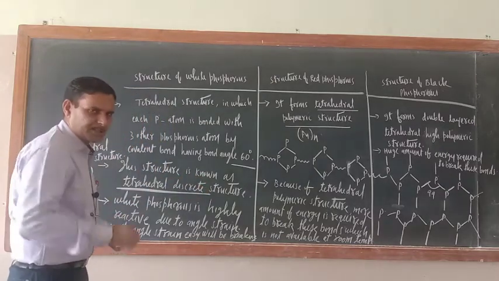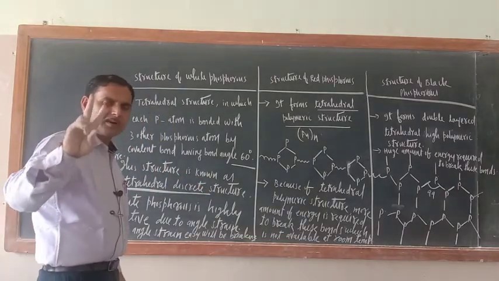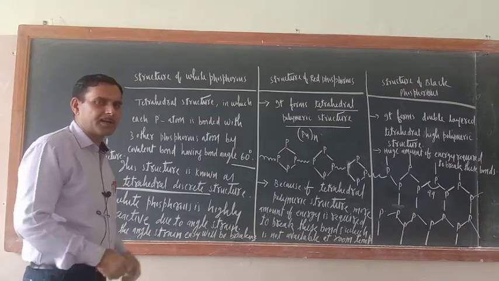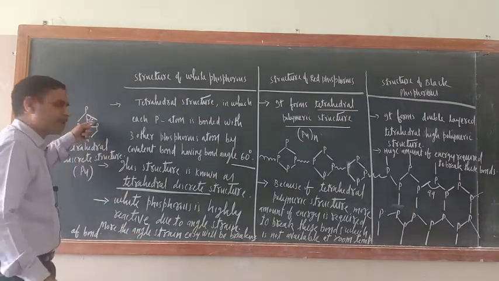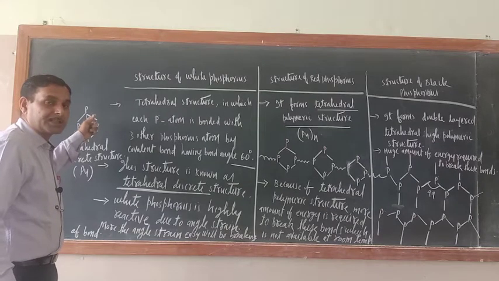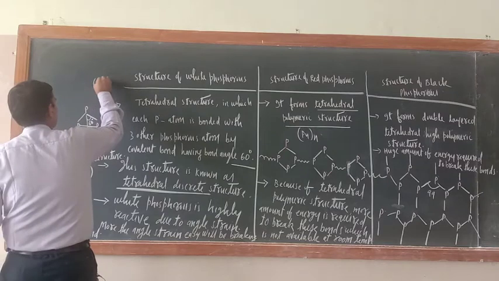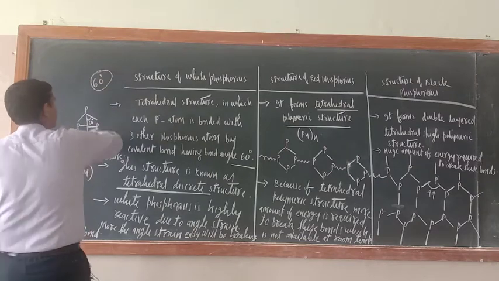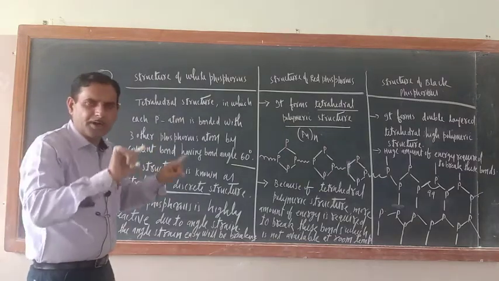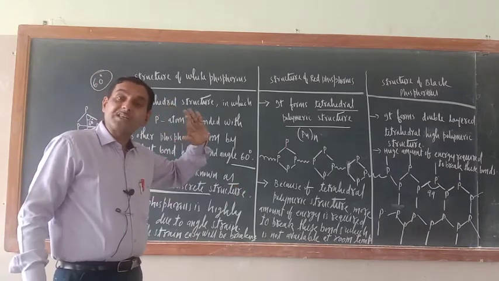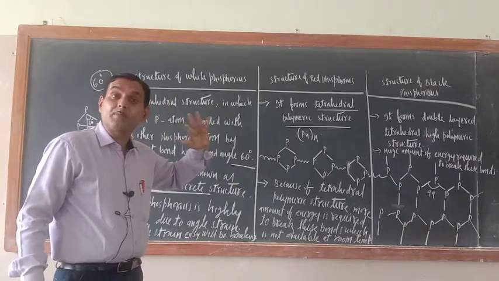Now try to understand what is the bond angle for the tetrahedral structure. 109 degree 28 minute. But in case of phosphorus, what is the bond angle here? In case of phosphorus, the bond angle is 60 degree. Since the bond angle is 60 degree, which is very less than the stipulated tetrahedral bond angle.